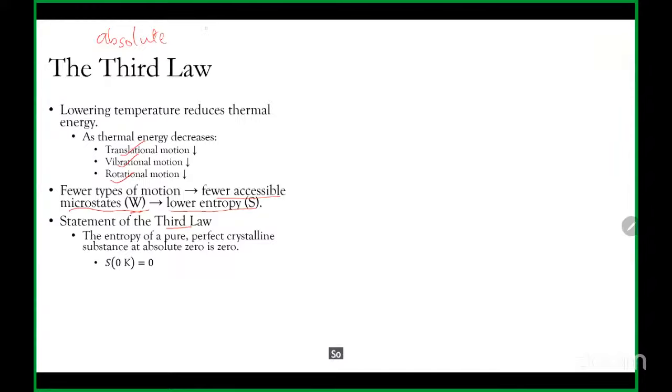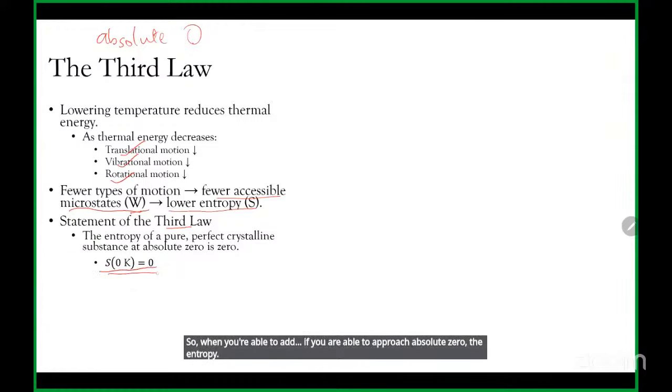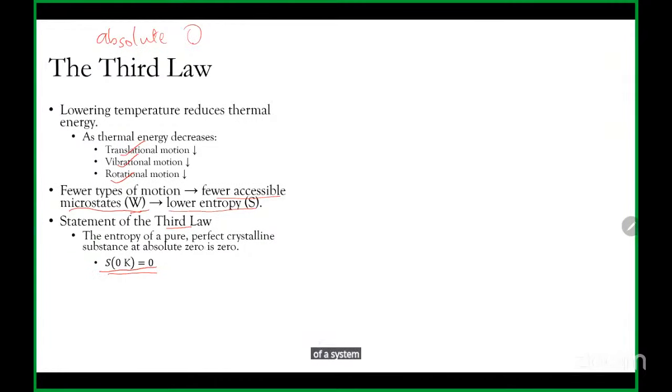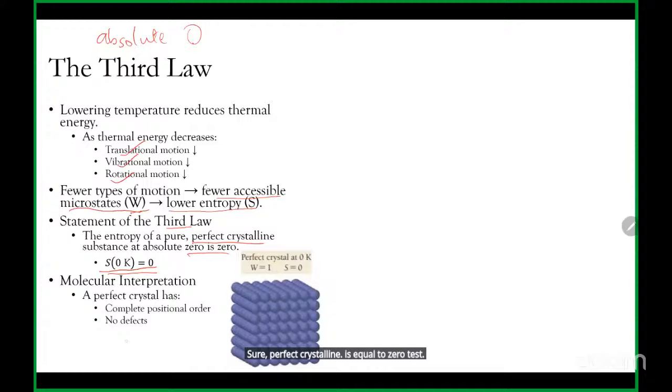So if you're able to approach absolute zero, the entropy of a pure perfect crystalline system is equal to zero. S at K is equal to zero.